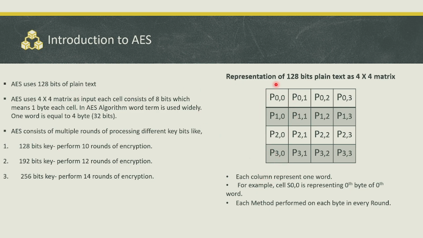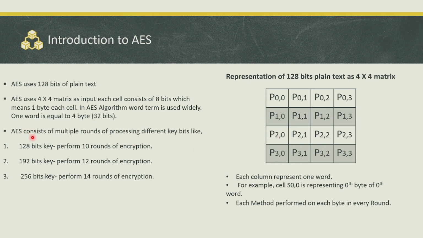Here each column represents one word. We will use the term word as 4 bytes, so whenever I say one word, it indicates 4 bytes. If you say this is the zeroth word, then this is the zeroth byte of that word.